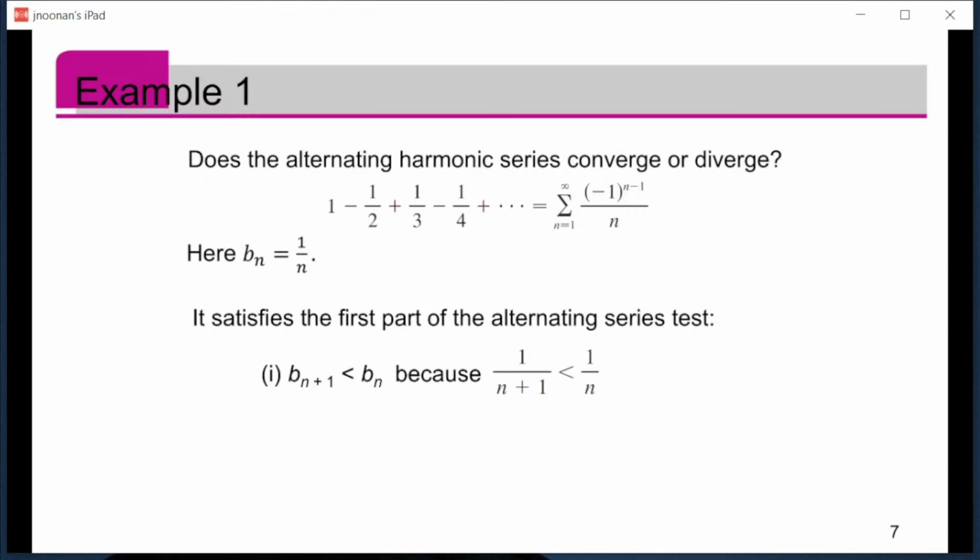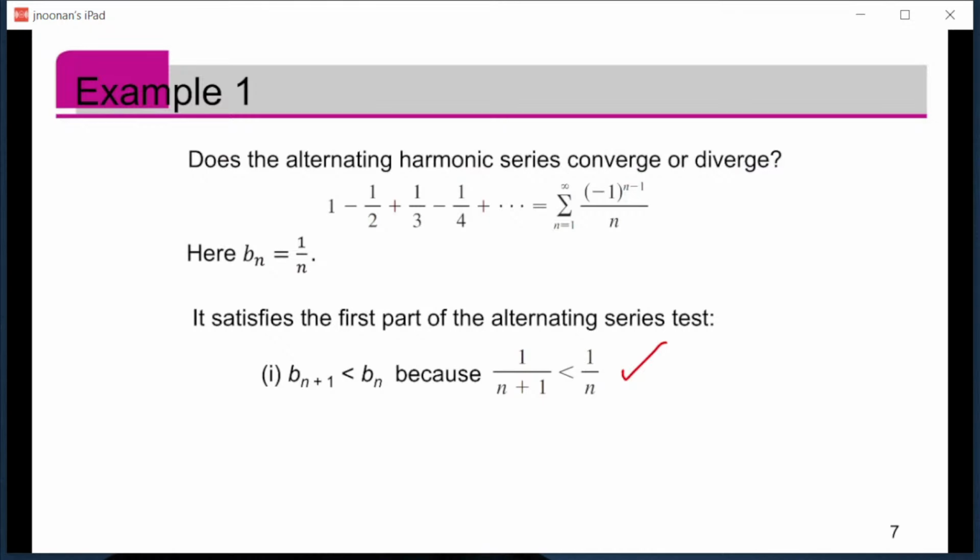And the answer is yes. Sometimes you have to do a little bit more math or algebra to show that, but in this case, whatever n is, 1 over n plus 1 will definitely be less than 1 over n, because the denominator is bigger. Okay, so that's taken care of.